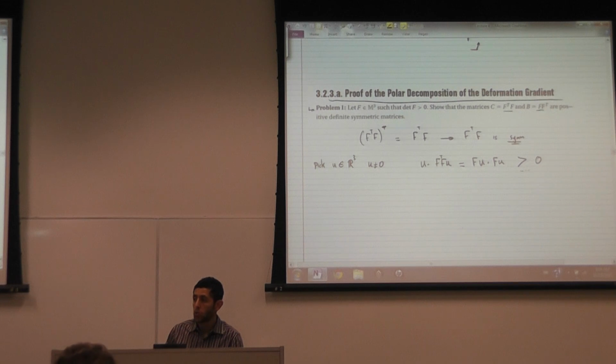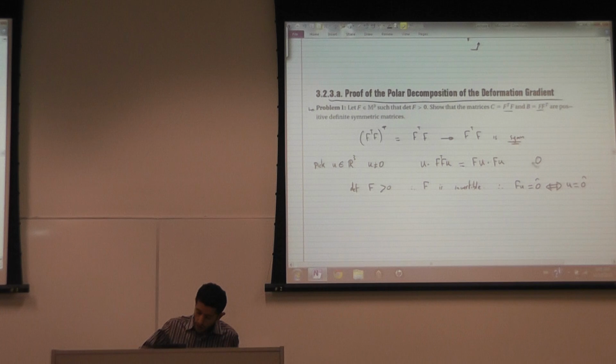And because the determinant of F is greater than 0, therefore F is invertible. Therefore, FU is equal to 0 if and only if U is equal to 0.